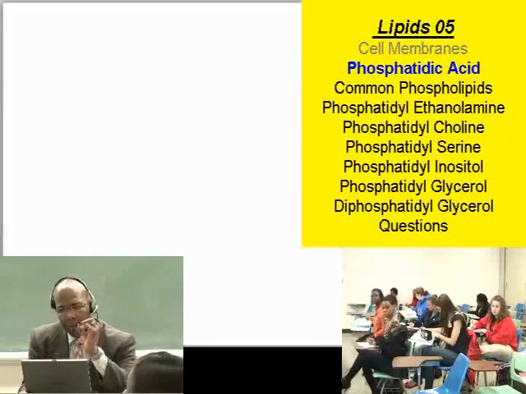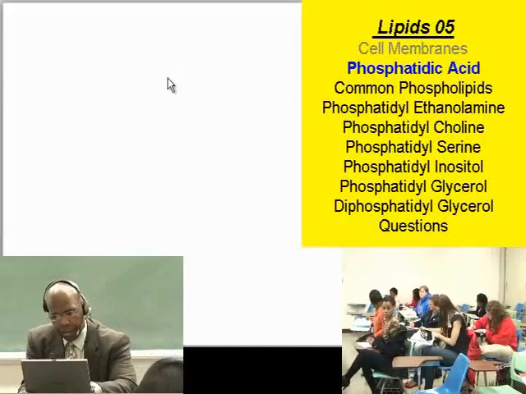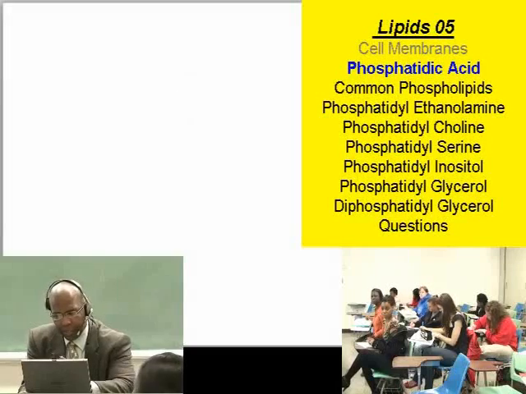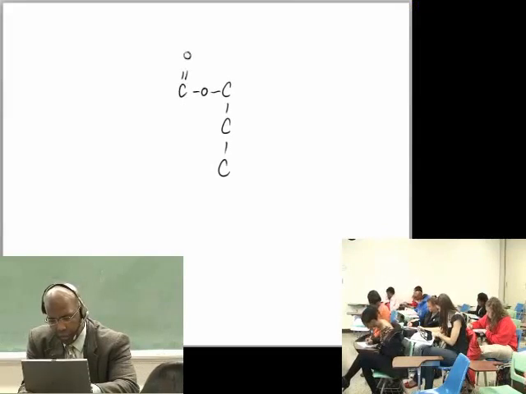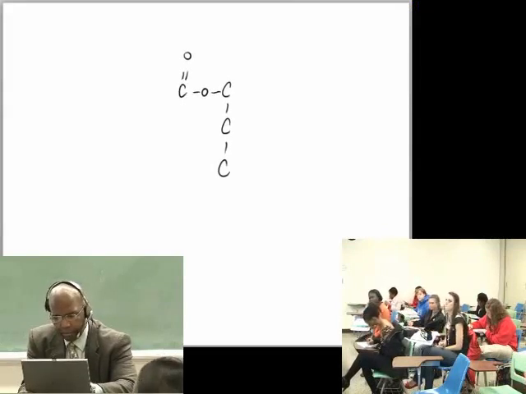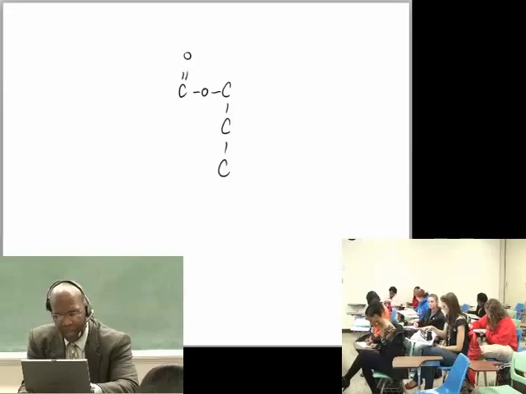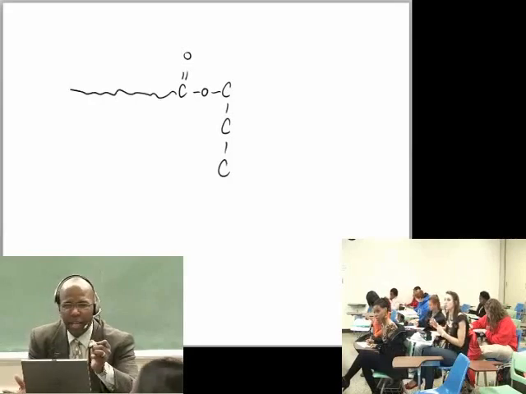So let's draw our parent compound. Our parent phospholipid is going to look like this. We're going to have glycerol, 1, 2, 3. We're going to have our ester linkage here to our fatty acid. Since I don't care what fatty acid this is, I'm just going to put a wavy line there, because I don't care what acyl group that is.